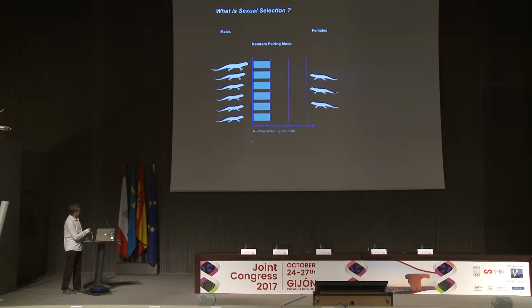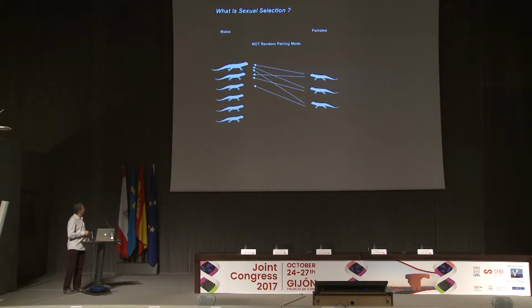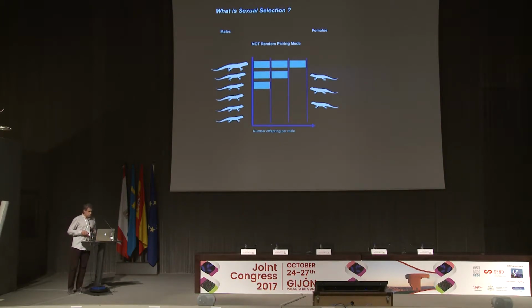And then you see there is no difference between the males. If there is non-random mating, then we can have patterns like you see here, where one male suddenly mates with all females, and the outcome is a skewed distribution. If this skewed distribution is due to sexual competition, then we talk about sexual selection.